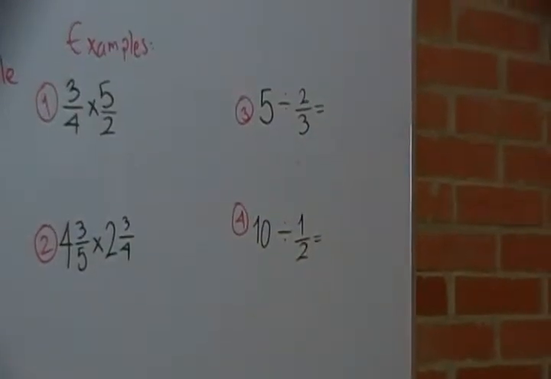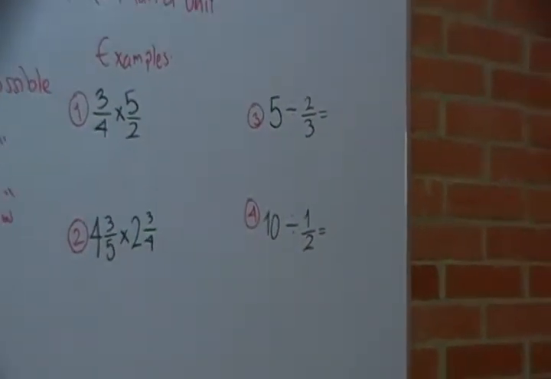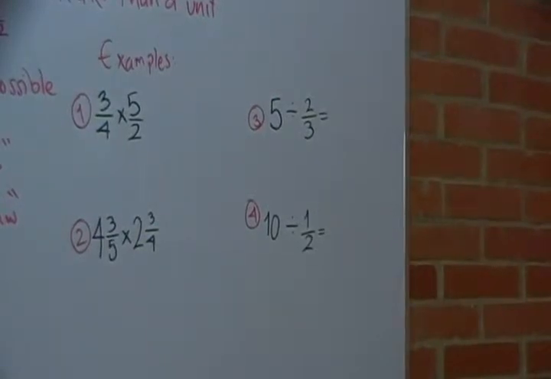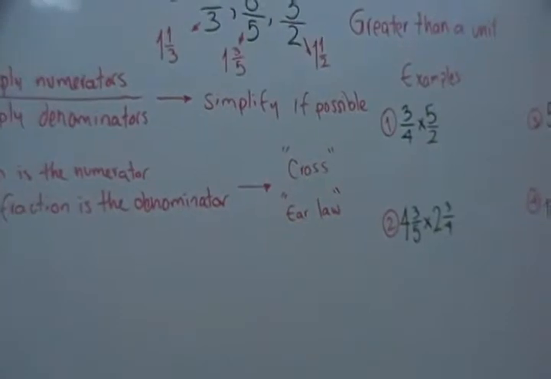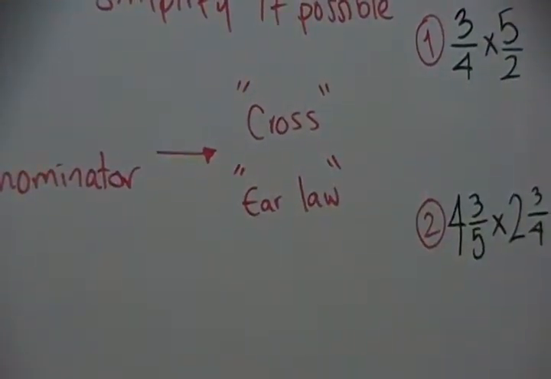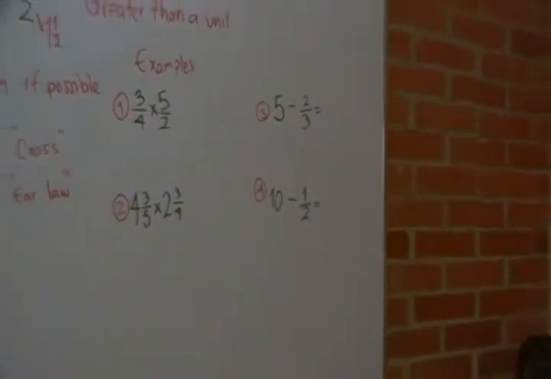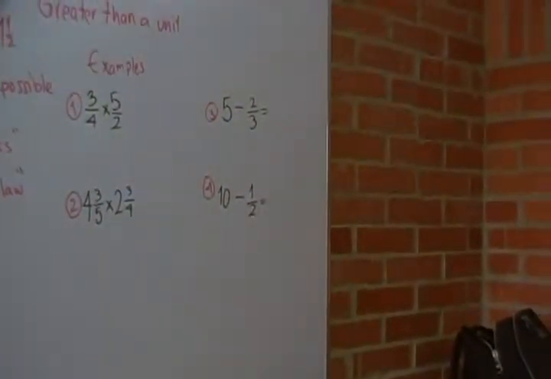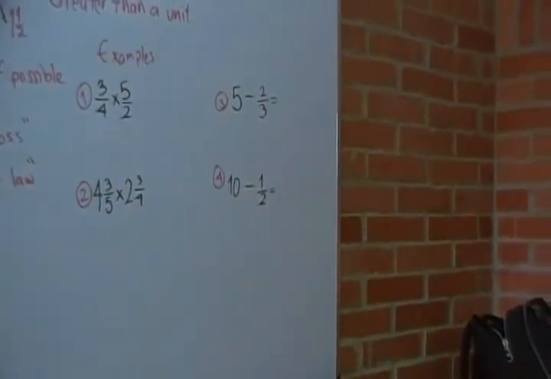And so there we have examples number 3 and 4, that are 5 divided by 2/3 and 10 divided by 1/2. Basically, we have two methods. One is using the cross products, and the other is called by some people the LOW. So let's complete these 4 examples and see what happens.